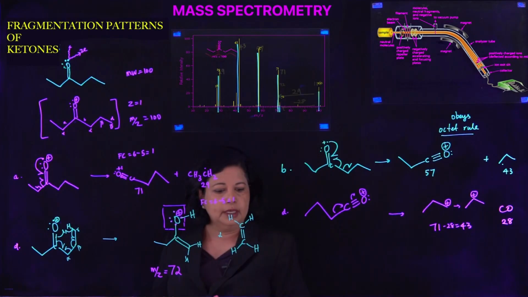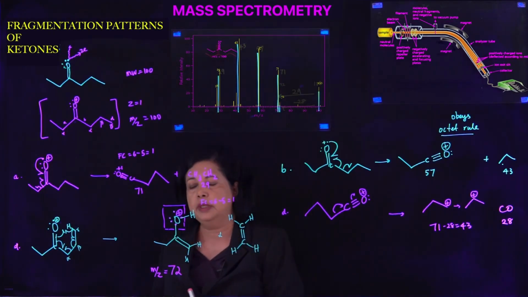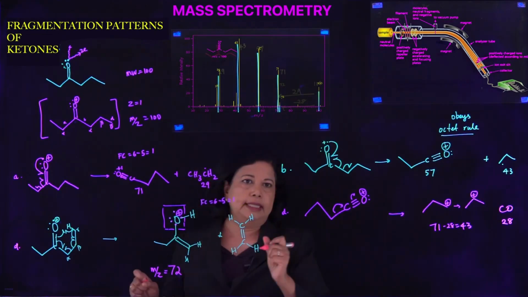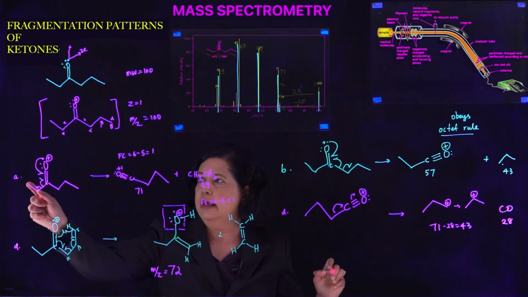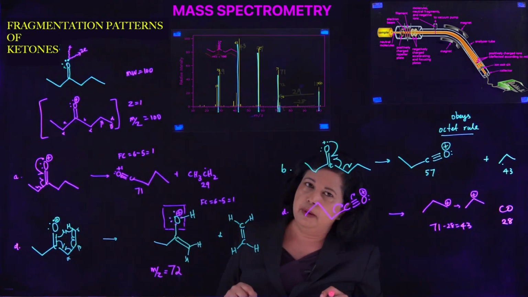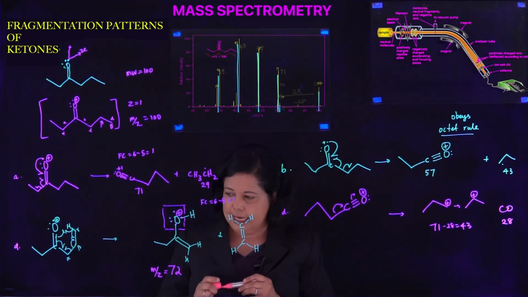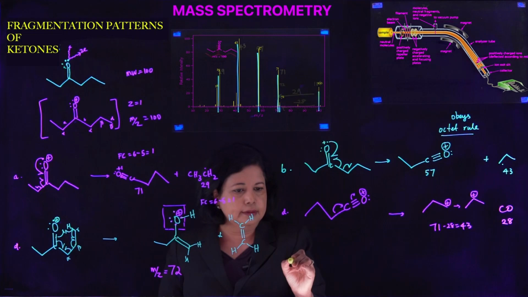And so that is 43 for you. Let's look at what other peaks are here. So we accounted for this. 29, 29 is basically a cation. And we can think of, well, here's an ethyl that can come out. Here's another ethyl that can come out. So many different possibilities for that molecule. All right. So let's look at your 29.